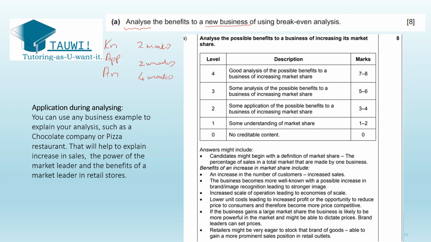And now you analyze. Now you say, okay, maybe this business wants to start with 3 different products. Then they can calculate the break-even point for the first product, then for the second product, and then for the third product. And this could help them make decisions. Which product will be worthwhile, which is going to be the easiest one to make profit on. And then also they are looking at the total capacity.